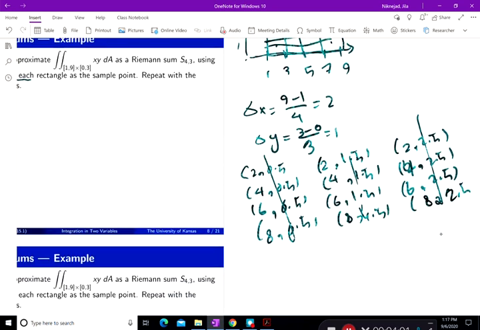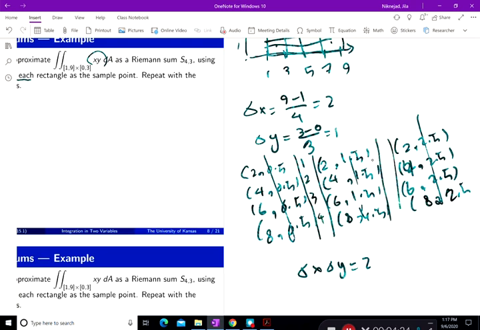So now, what is delta x times delta y? Delta x times delta y for every rectangle is 2. What you need to do is, for each of these rectangles, find the z value. How do I find the z value? By plugging into the function. So the z value for the first one is 1, for this one is 2, for that one 6 times 0.5 is 3, 8 times 0.5 is 4.